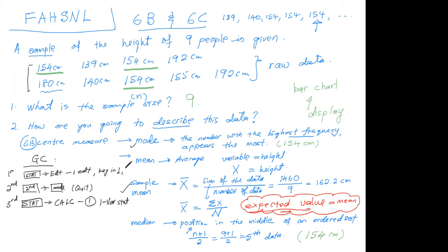Then you will have the list: L1. If it's not in L1, you can change to L2. We don't have frequency, just leave it blank. Then you bring your cursor down to calculate. Then you press enter.